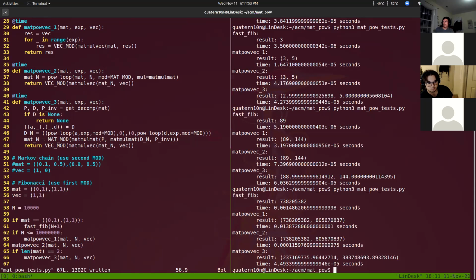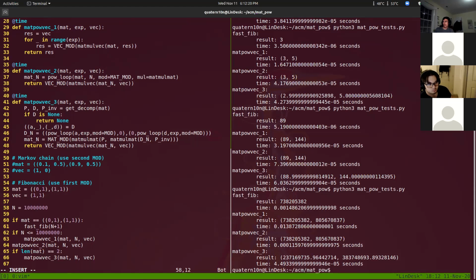Otherwise they would get too big. But you can see that this eigenvalue decomposition trick is faster than all of the previous implementations, because now it's doing an efficient POW on individual numbers. It's not even exponentiating a matrix. It's just doing it on the 2 values of a specific diagonal matrix.